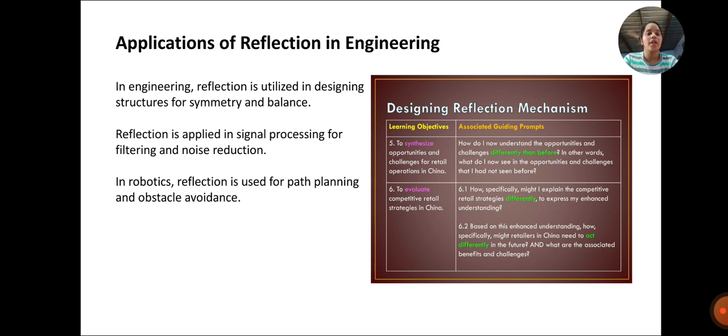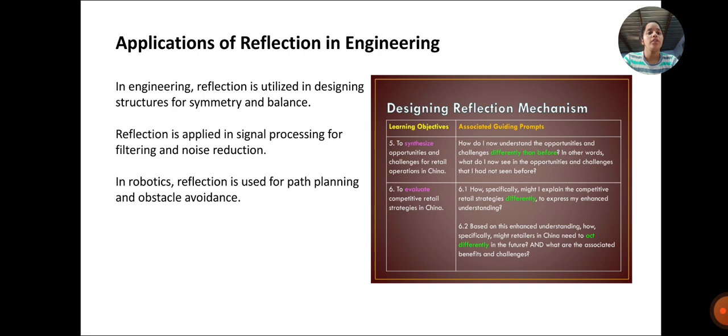Designing reflection mechanism, learning objects to synthesize opportunities and challenges for retail operations in China. How do I now understand the opportunities and challenges differently than before? In other words, what do I now see in the opportunities and challenges that I had not seen before?